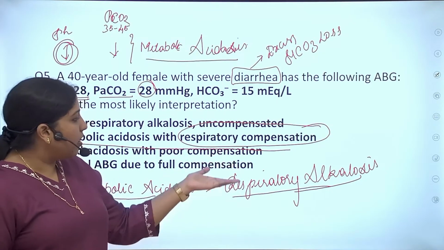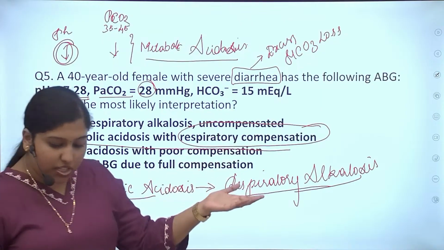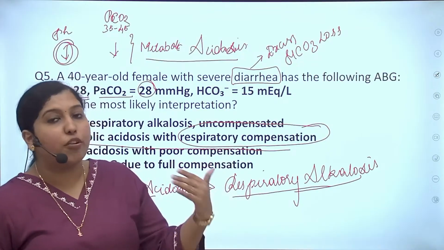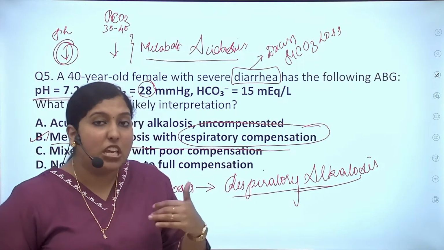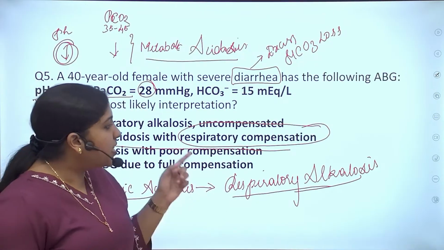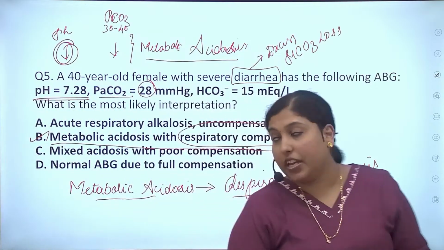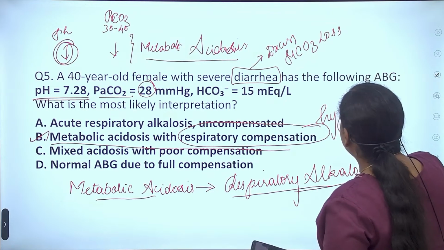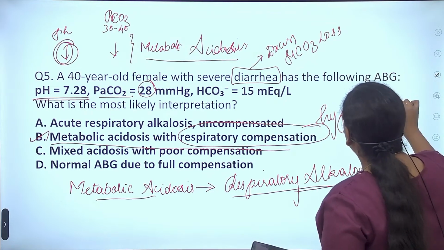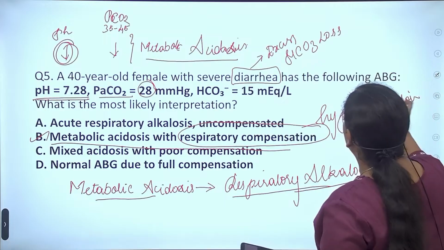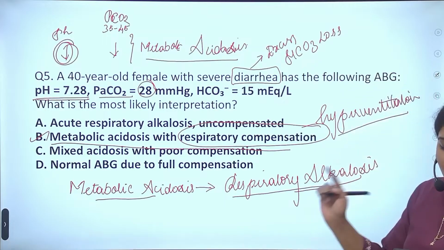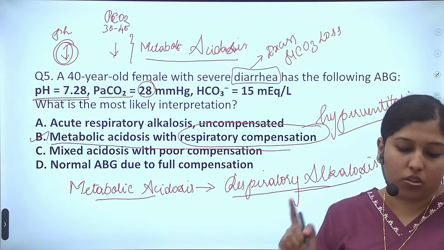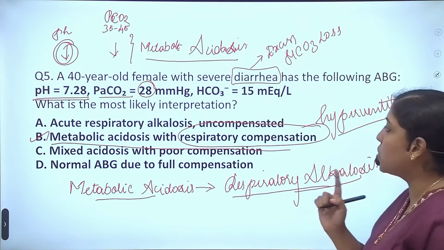If the patient's compensatory mechanism is hypoventilation, even more carbon dioxide is going to accumulate in the blood, and it is going to worsen the condition. The respiratory compensation which is happening here is hyperventilation, which means my aim is to reduce the CO2. That's why hyperventilation is the correct answer.